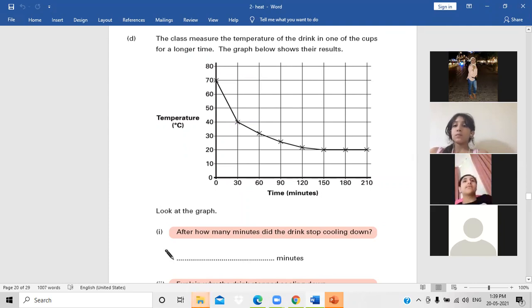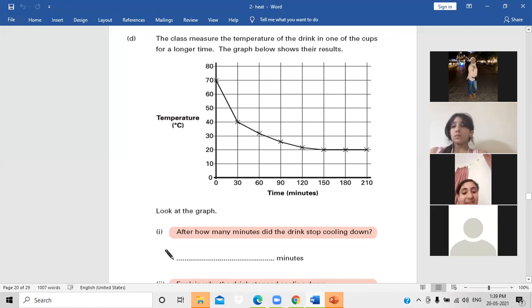Now my question is, Ali said that the drink stopped cooling because it reached the room temperature. Now my question is, from this graph, what is the room temperature? Raise your hand if you know the answer.